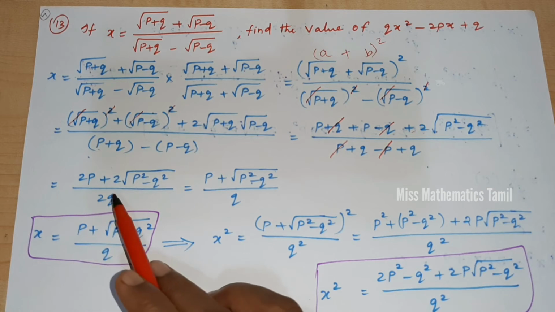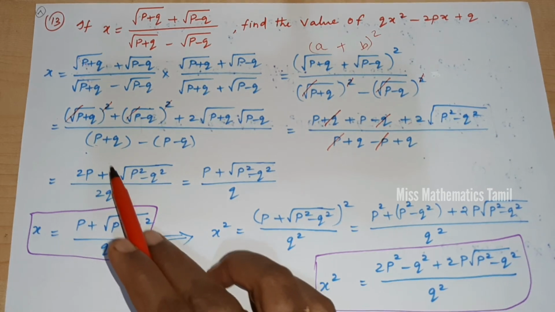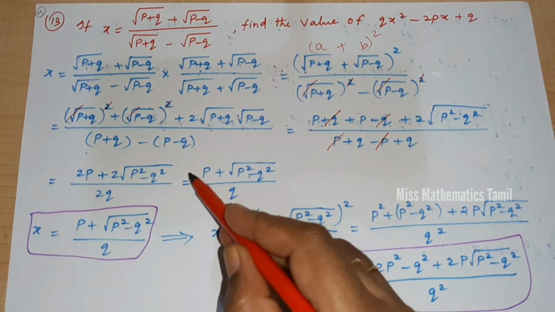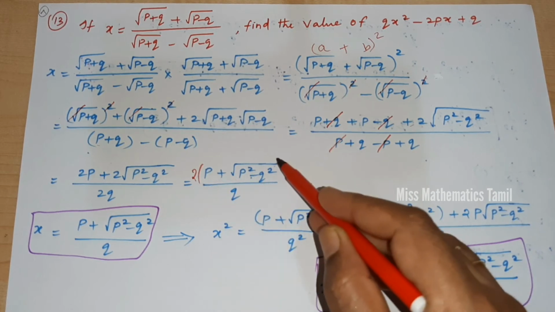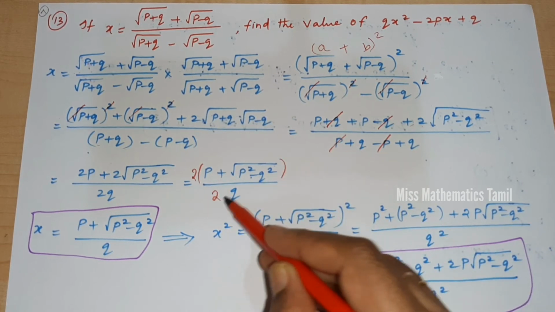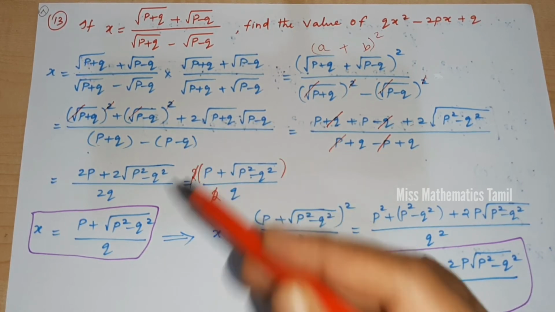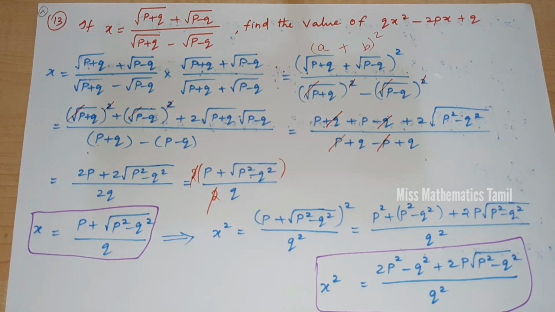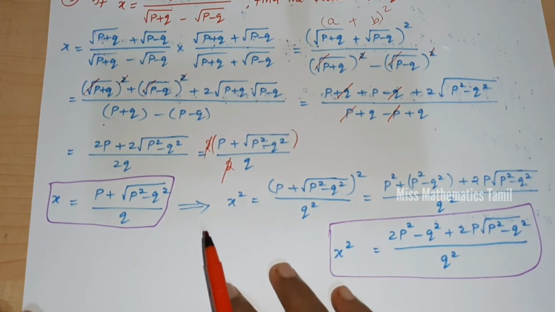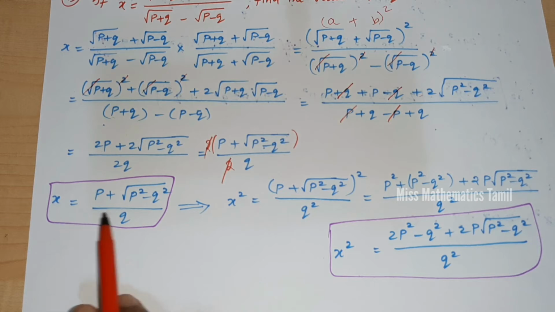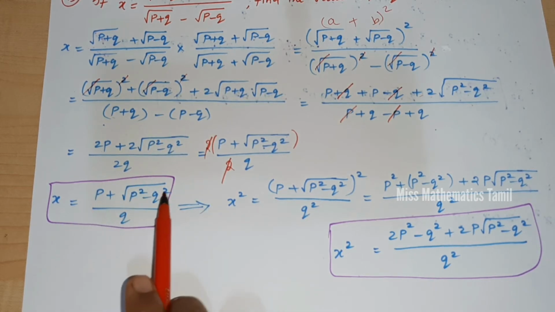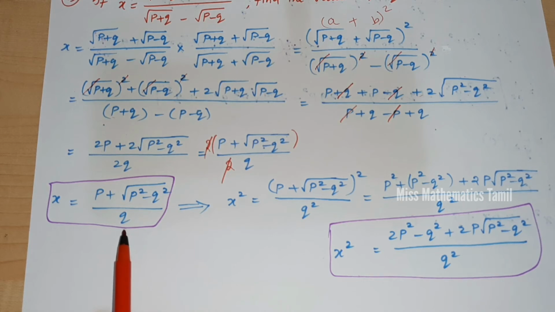Okay, so after that I am taking 2 outside. Okay, see, here I am writing 2 outside, here 2q. So we can able to cancel the 2 also. So finally, what is the x after rationalizing the denominator? P plus root of p square minus q square divided by q.